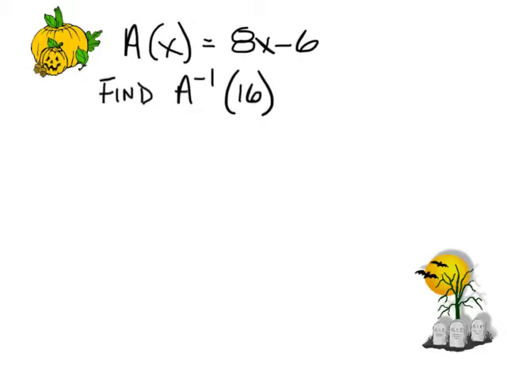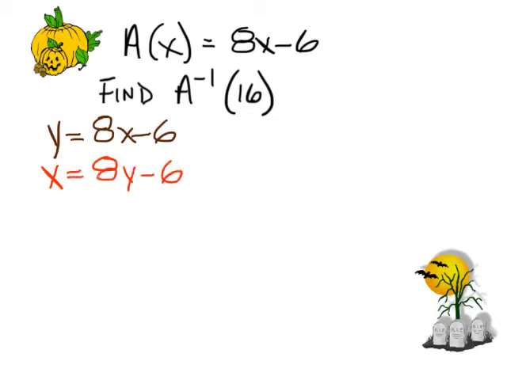First, we're going to write it as y equals 8x minus 6. You must interchange x and y. So it's x equals 8y minus 6. And then solve for y by moving this over, make it plus 6.